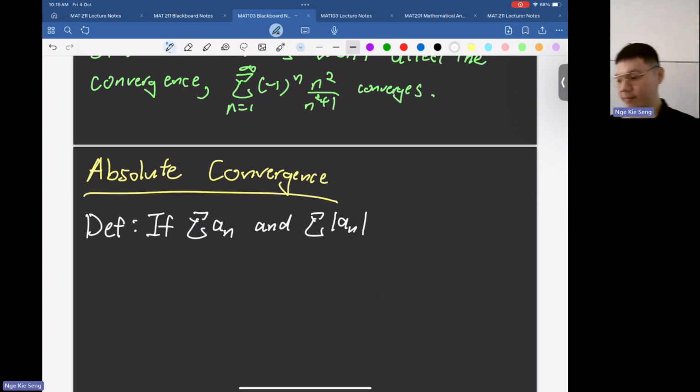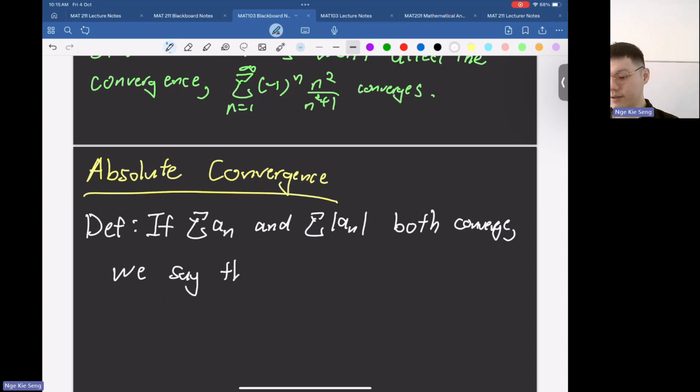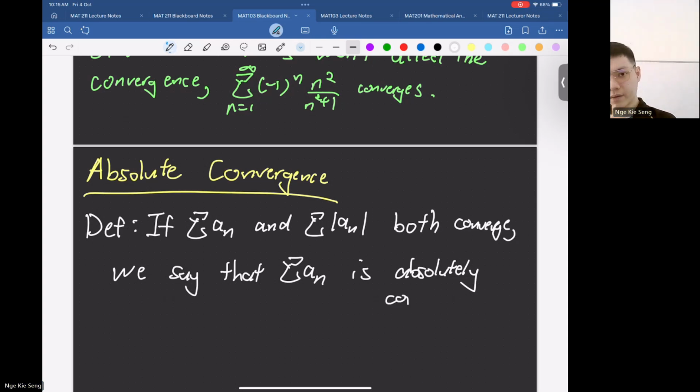If both of them converge, we will say that the original sum is absolutely convergent. Later I will tell you another meaning of absolutely convergent.